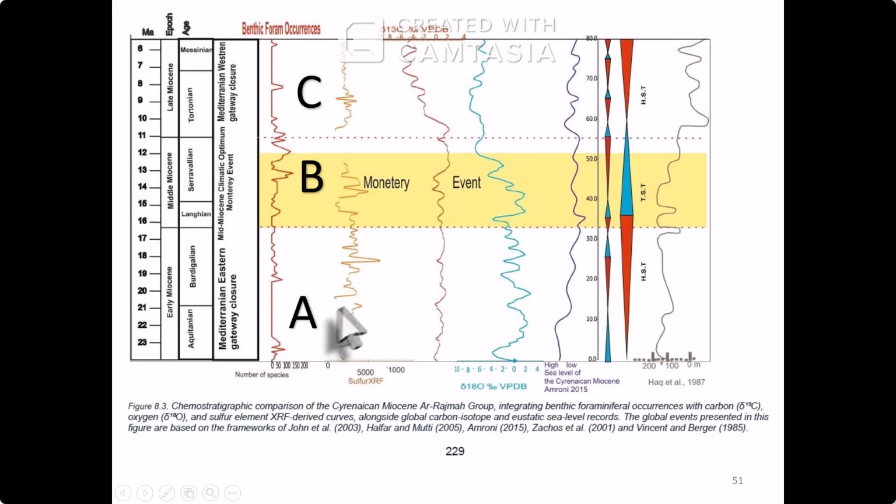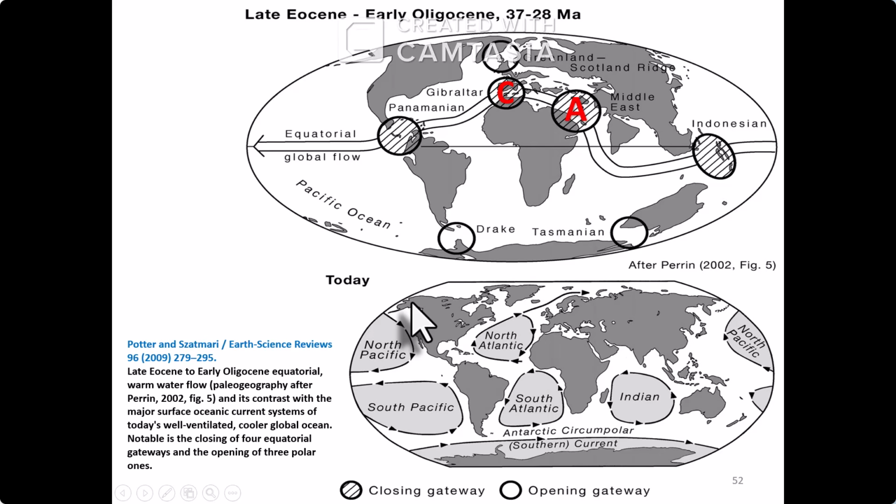And also this increase in sulfur is accompanied by increase in oxygen stable isotope. That means there is a big event of evaporation or closure.